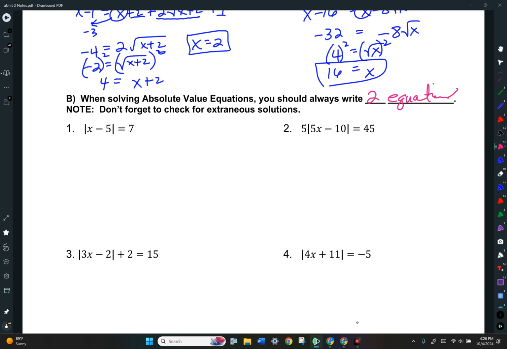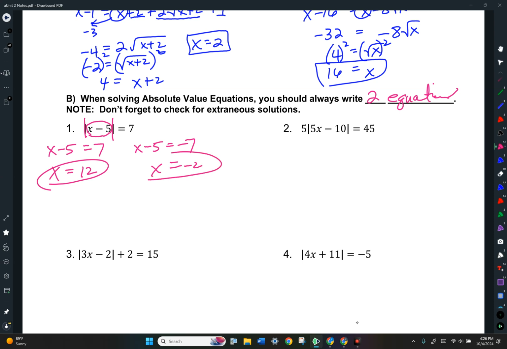Okay, so remember, one equation in this case would be x minus 5 equals 7, and the other equation would be x minus 5 equals negative 7, because the idea is this number could either have equaled positive 7 or negative 7, and then when you take the absolute value, it'll still give you that positive 7. So that's why we write the 2 equations. Then you solve each one separately, so either x equals 12, or x equals, if I add 5, negative 2. So basically you write your 2 equations and then solve each one.